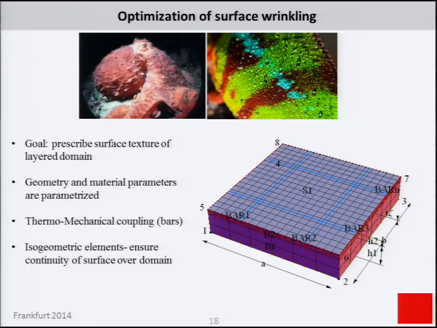It's called surface wrinkling. If you look at nature, the octopus or maybe the chameleon, they have a special skin that can wrinkle to mimic the surroundings. So there are certain areas where there is a need to mimic that with some kind of mechanism. And we have devised this kind of multi-layer model with little wires that can shrink, and the pattern of these wires can be controlled as a parameter of the problem in order to get some prescribed surface wrinkling.